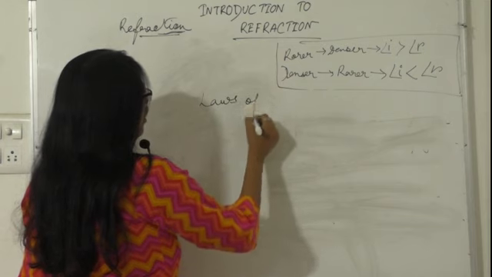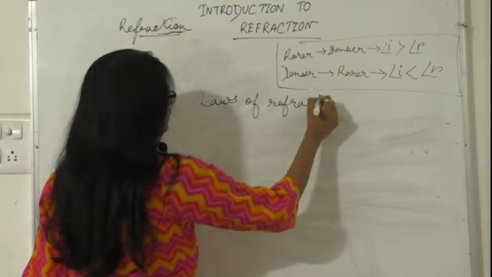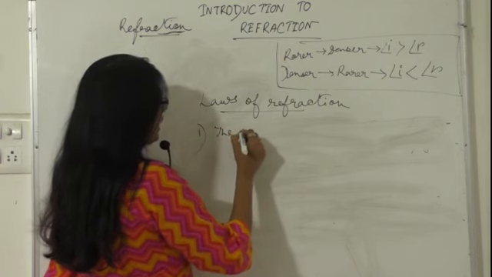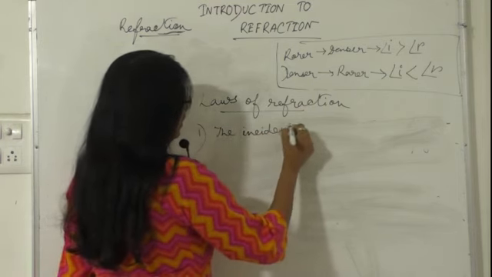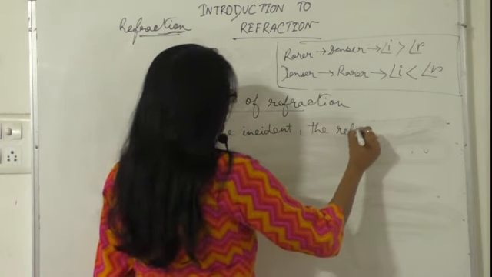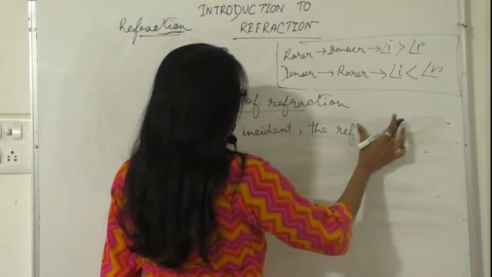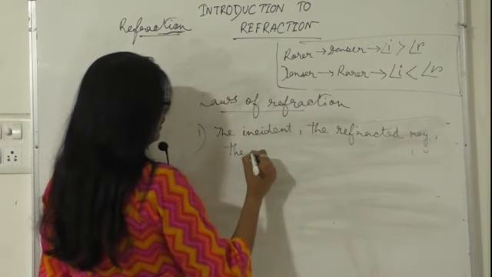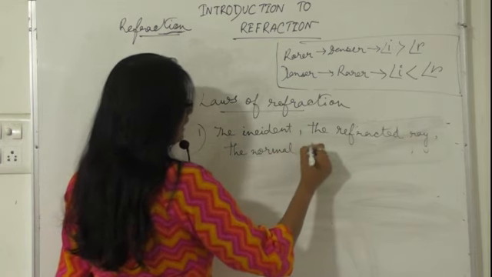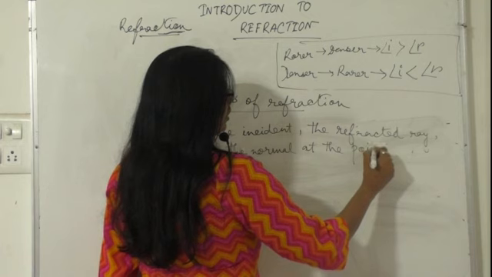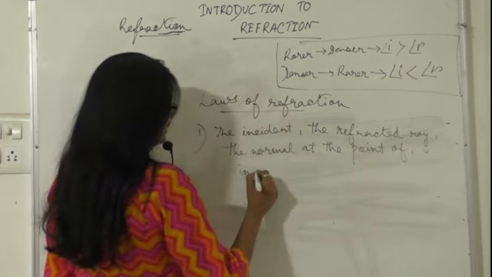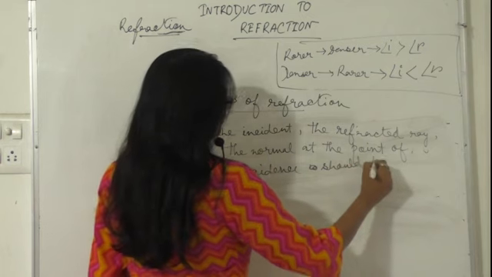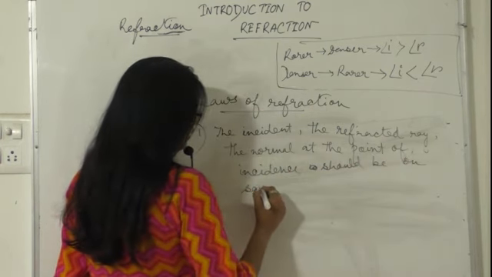First of all, the incident ray, the refracted ray, and the normal at the point of incidence should be on the same plane.